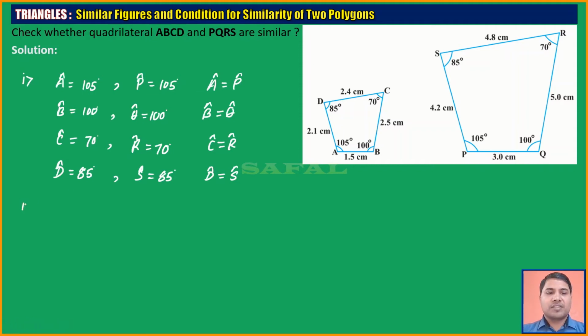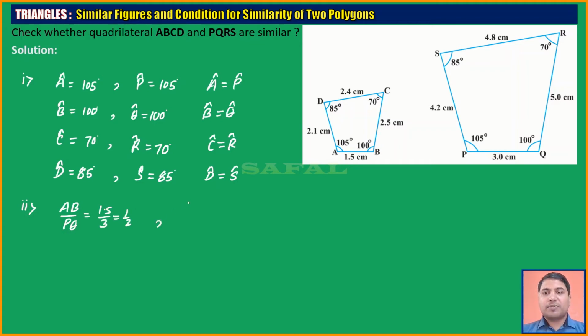Still we need to check the proportionality of sides. AB by PQ is 1.5 by 3, which is basically 1 by 2.